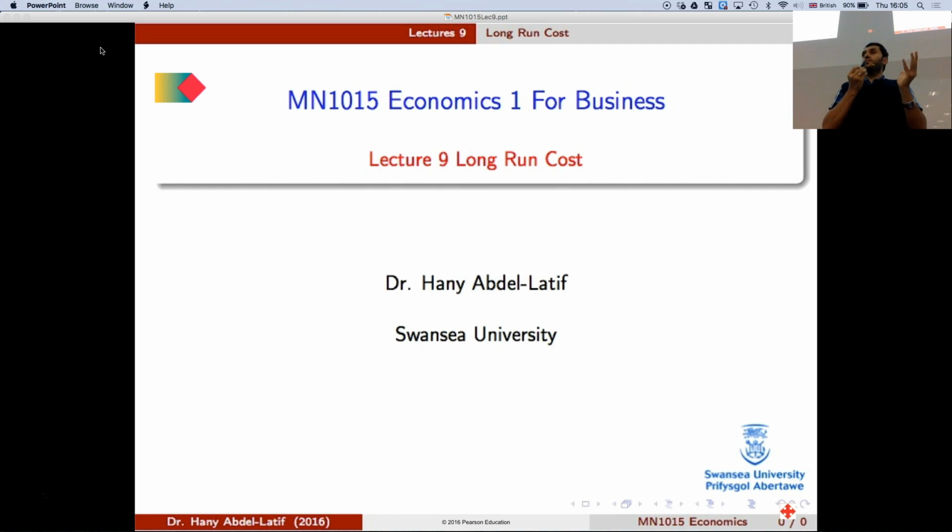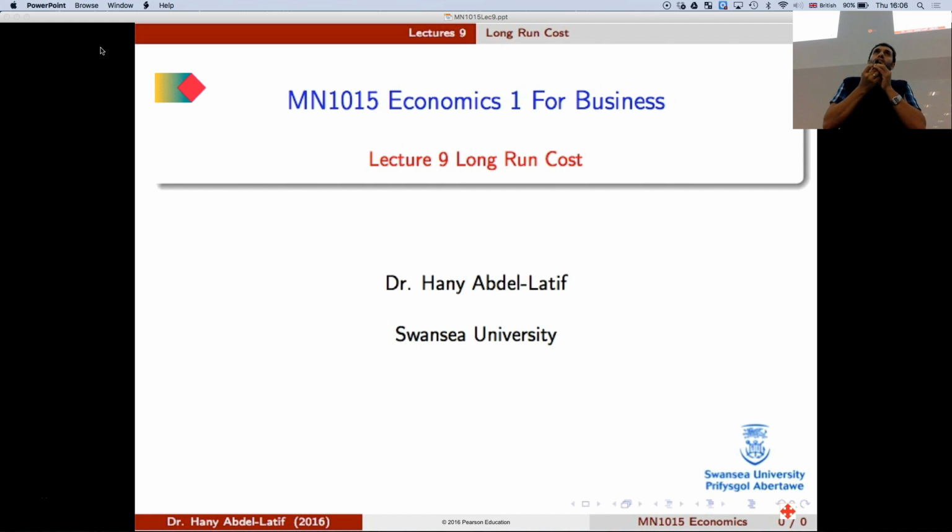And since we have fixed inputs, which is capital in this case, or typically we assume is capital, we have fixed cost and variable costs. So the fixed costs come from the input that you can't change in this short run. And the variable cost comes from the amount of workers you hire. So we looked at the relationship between these in the short run.